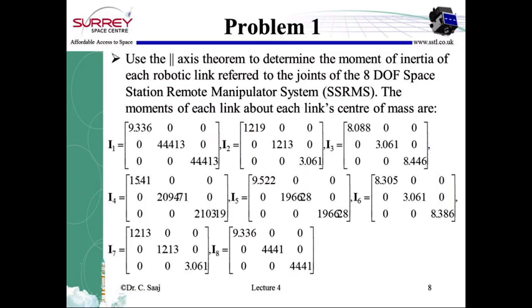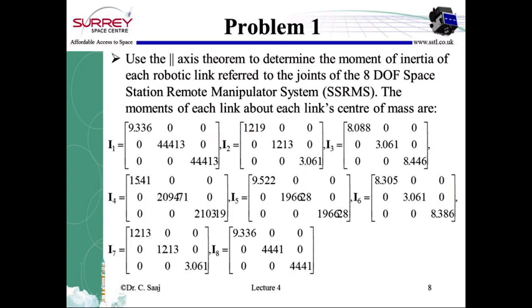Next, you have a problem. Well, this is a case of the 8 degrees of freedom space station remote manipulator system that we discussed in week 1. Here you are given the inertia matrix with respect to the center of mass of each of the links, and you're asked to apply the parallel axis theorem to determine the moment of inertia of each of the links with respect to their joint coordinate frames.